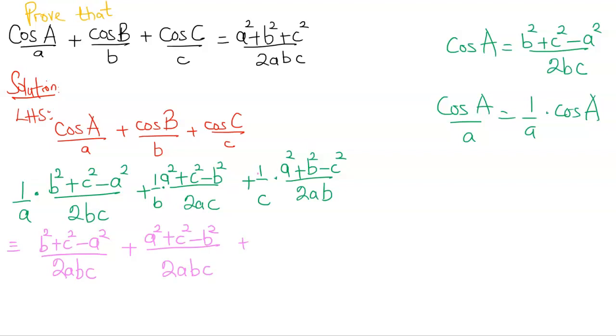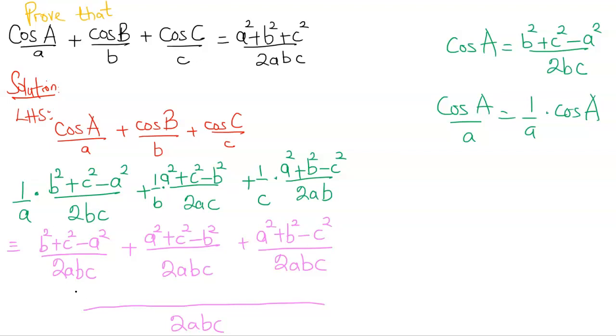And the final part is a squared plus b squared minus c squared over c times 2ab, that's 2abc. So here we've got addition of fractions with the same denominators. The LCM is just 2abc, and what I'm going to do here is just to add the numerators.